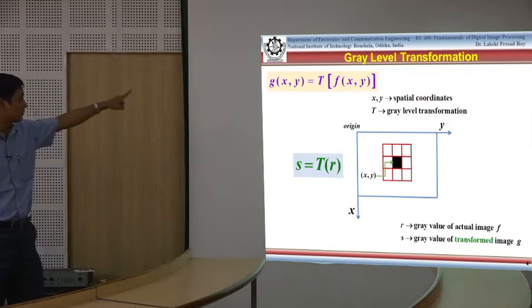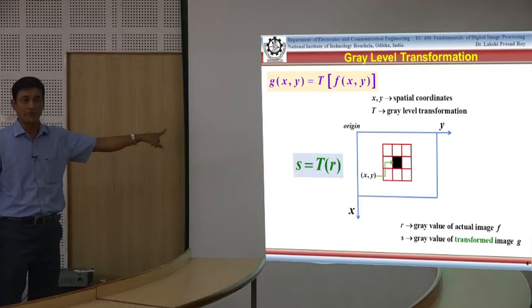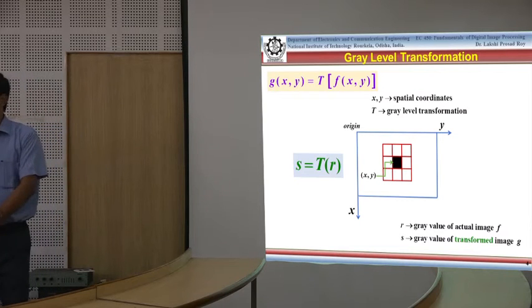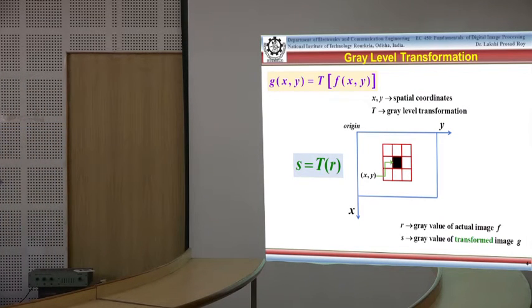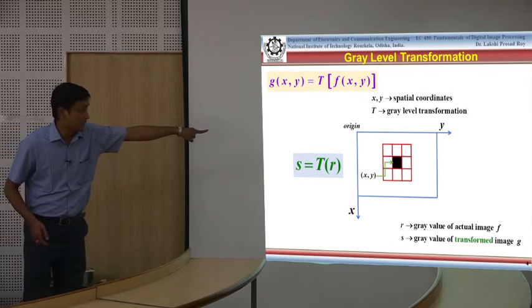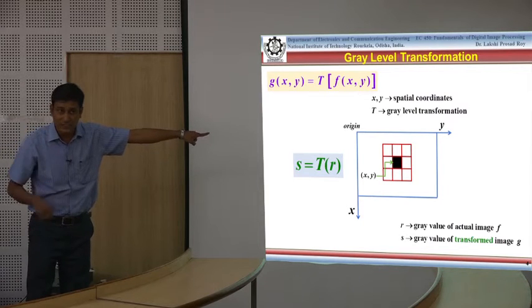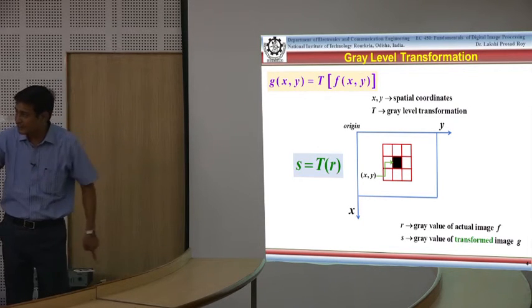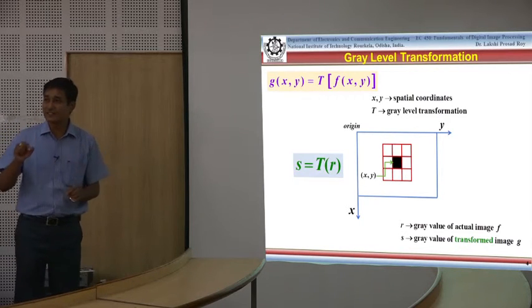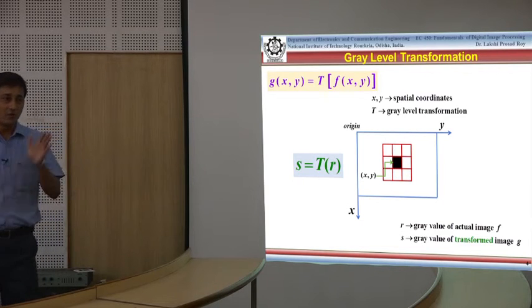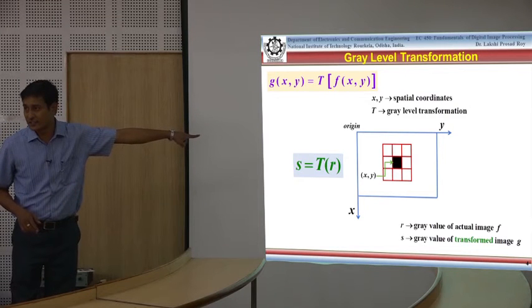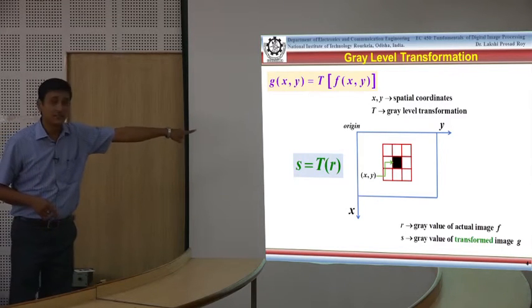So, let us represent the processed image s as a transformation of small r, which is the intensity value of a particular coordinate x,y, which is highlighted here in this image as a dark part, just like a pixel at the center of that square. For that, the intensity value is represented as r, and that is the pixel of an image for which I may take a small window of 3 by 3 dimension, with the center of it considered as x,y.